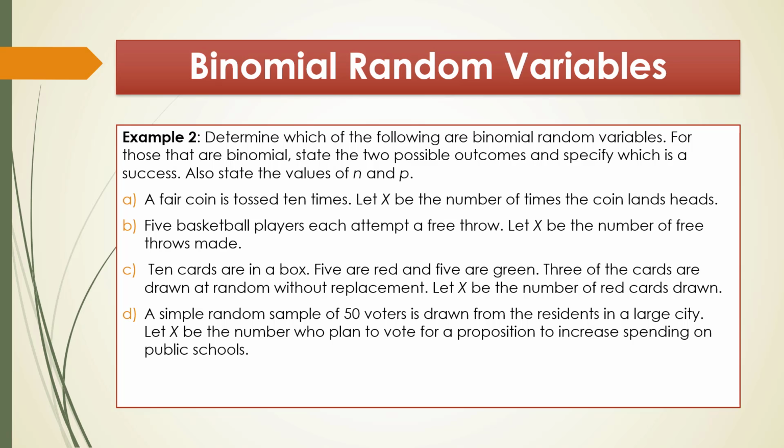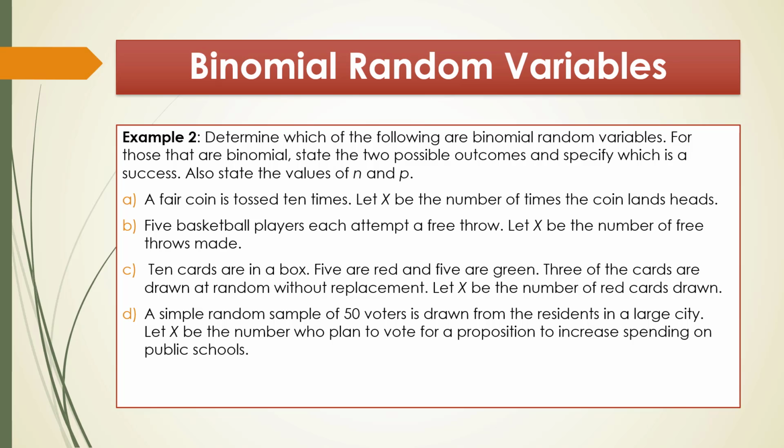B, 5 basketball players each attempt a free throw. So we have 5 trials. However, they are not independent because different people have different abilities in playing basketball.